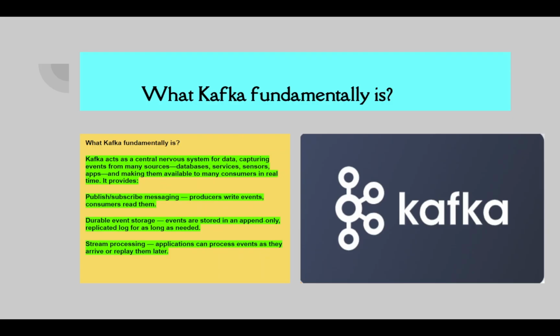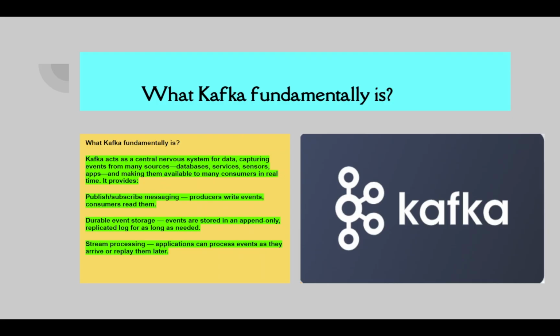And durable event storage: events are stored in an append-only replicated log for as long as needed. One of the beauties of Kafka is that you can use the log system efficiently and effectively, and there are a lot of logical and mathematical things you can do with the logs.